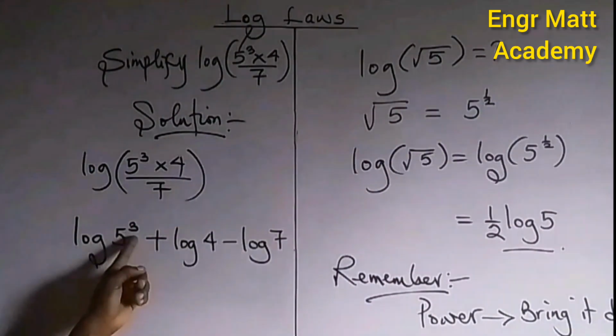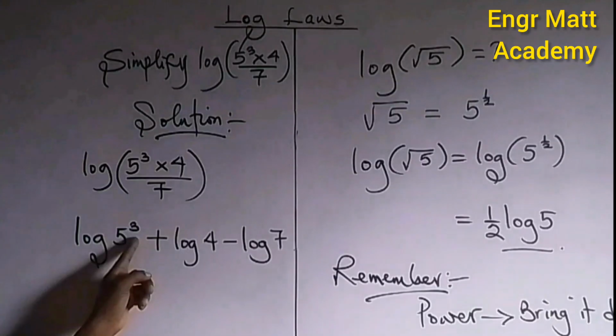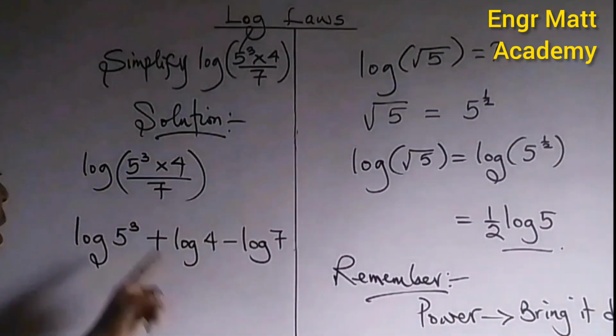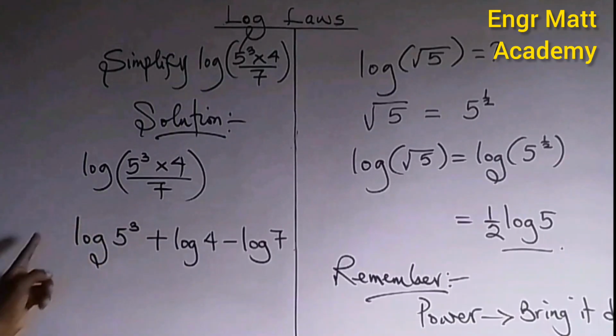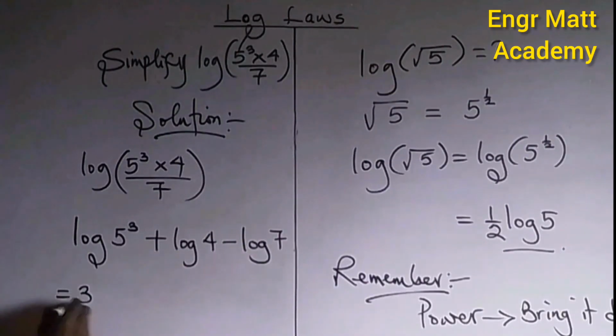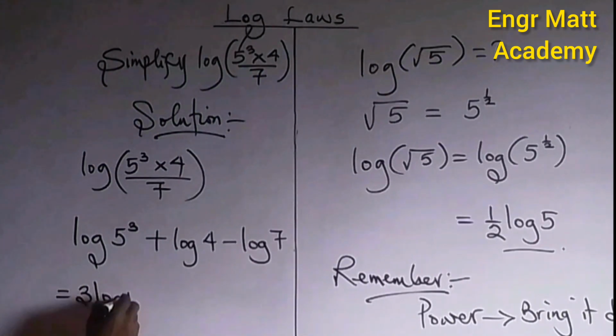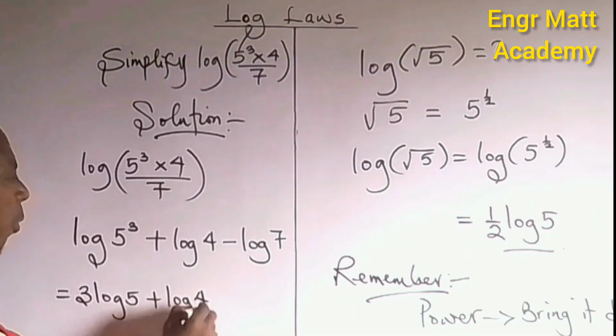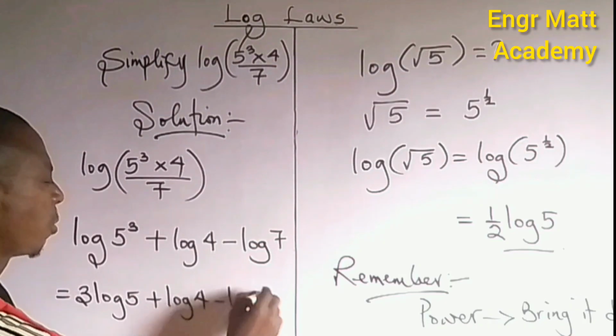Next, we still have this power. So let's apply the power rule to log 5 to the power of 3. And remember, when we see power, we bring it down and place it in front. So we have 3 log 5 plus log 4 minus log 7.